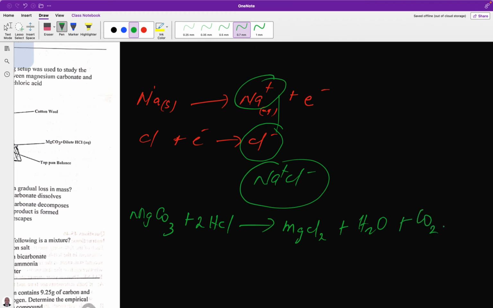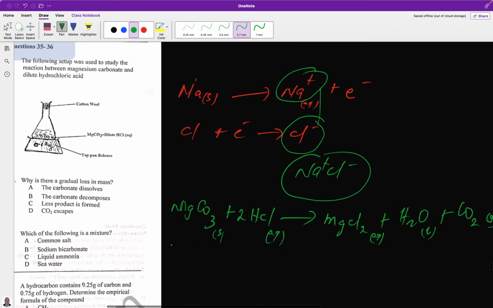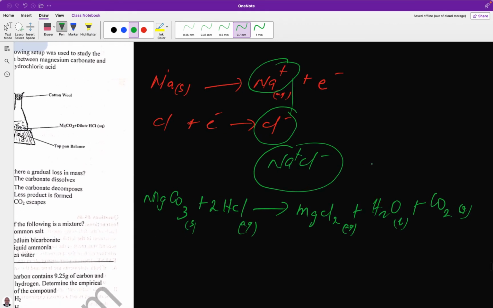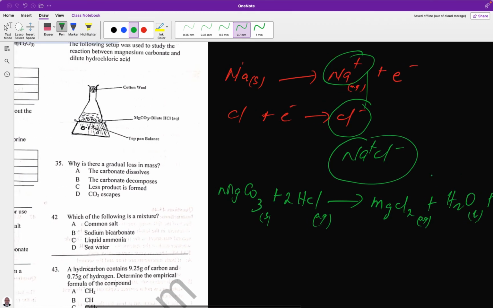A gas is being produced. There's a gas here, aqueous, and there's liquid here, and the magnesium carbonate was solid. This gas is escaping through the cotton wool. There is a balance showing the mass.